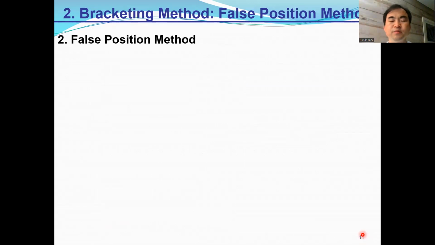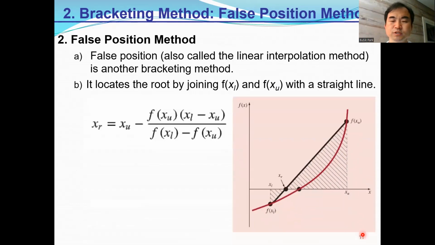And then the next method is the false position method. In the false position method, we select initial points xl and xu, and then calculate f(xu) and f(xl). If we know two points, we can derive a first order equation, y equals ax plus b.